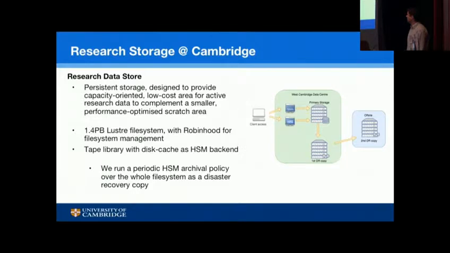We have SSH and rsync gateways that are available from everywhere for researchers across the university to access, and that they can effectively dump data into, and that we manage with Robinhood.